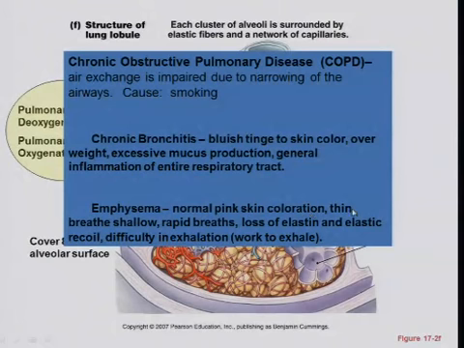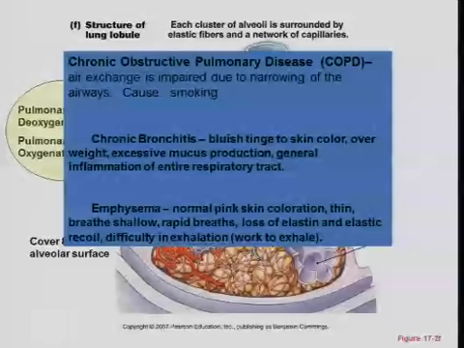However, the patients are typically quite thin, and we're going to talk about that more in depth when we discuss emphysema. They're thin because in emphysema, we have a loss of that elastic fiber that surrounds those alveoli, as I mentioned, and if the alveoli or the lung cannot recoil to exhale, the only way to exhale is to do active exhalation.